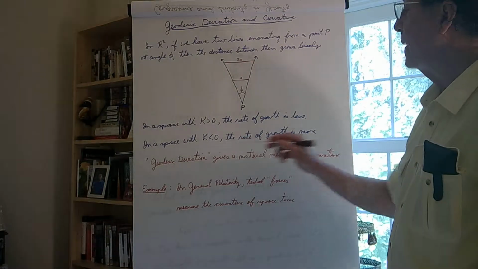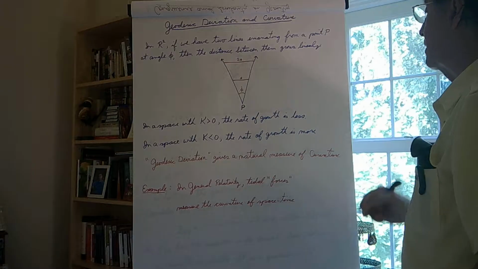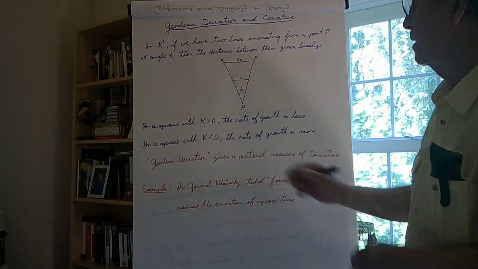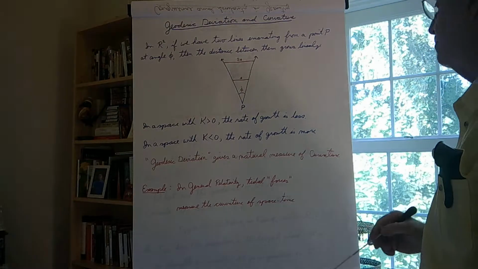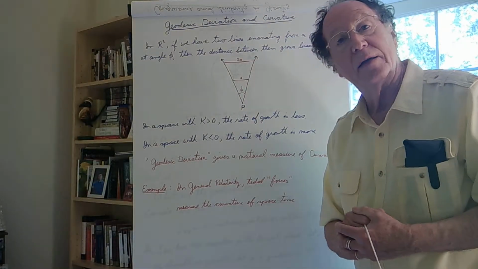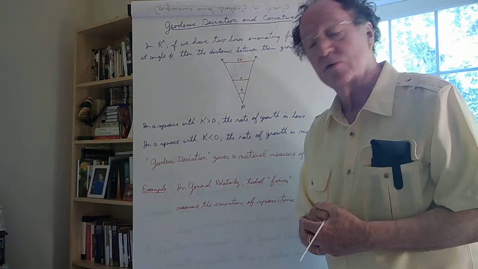And in a space with k negative, a hyperbolic space, the rate of growth is more. They deviate more. The geodesic deviation gives us a natural measure of curvature. We'll write down a differential equation for the deviation, and see that it's controlled by the Gaussian curvature.